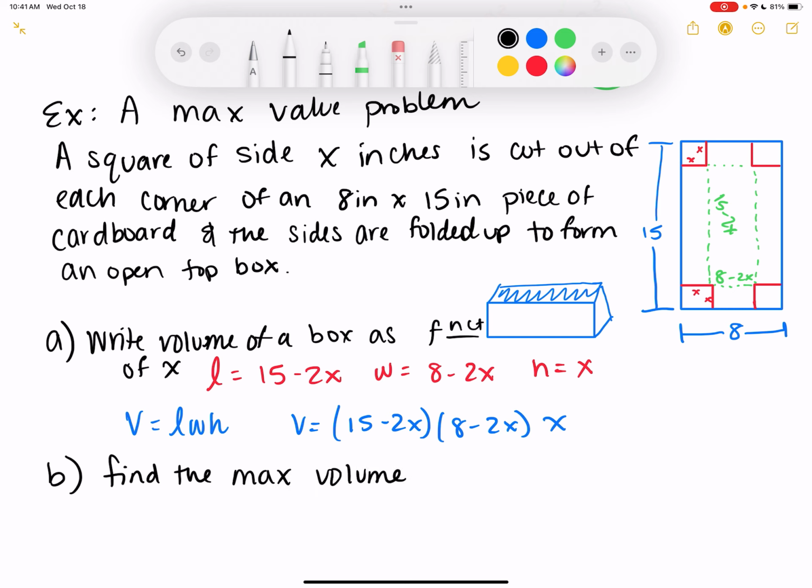This is where you're going to need your calculator. So what we're going to do is in y equals, we're going to put this equation, which is why I said we don't need to multiply it through. Your calculator's going to do it for you.